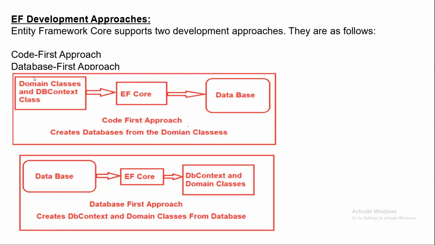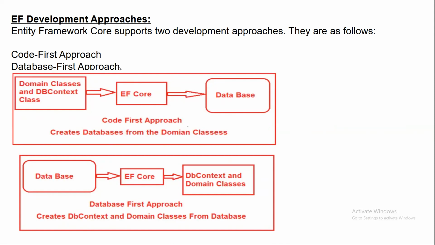So you are writing the classes first, and using Entity Framework, it creates the required tables in the backend. Based on the classes available in your application, we can create the databases.